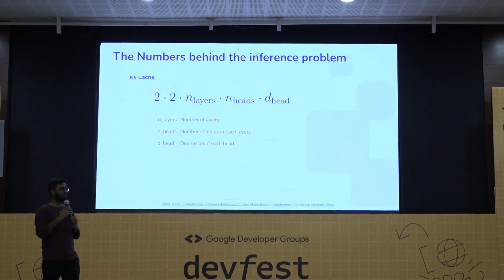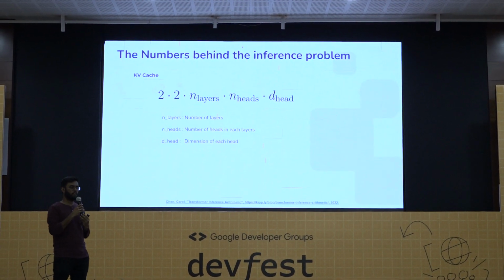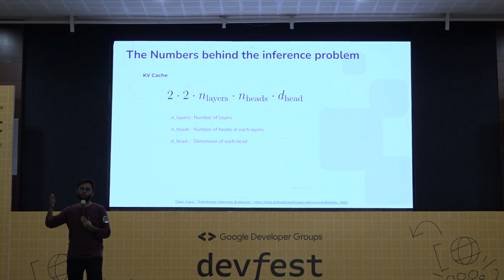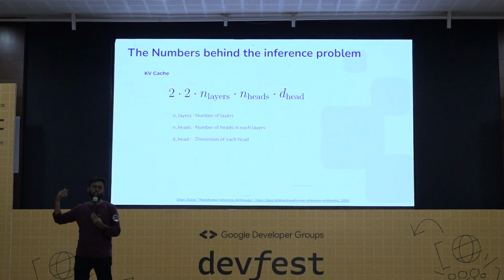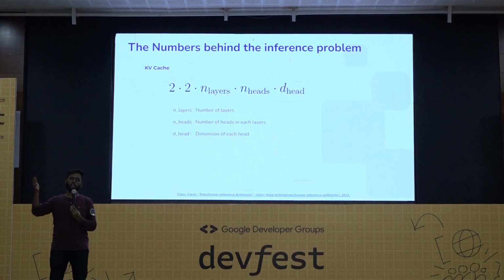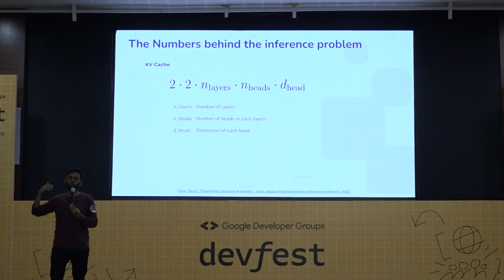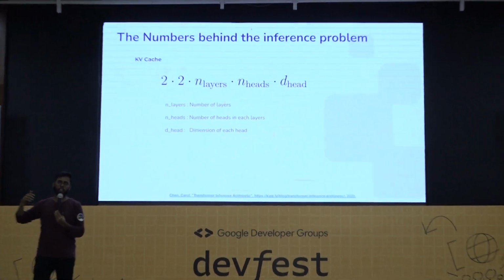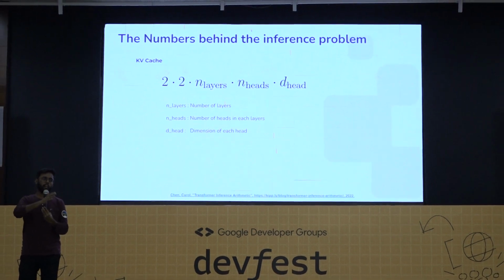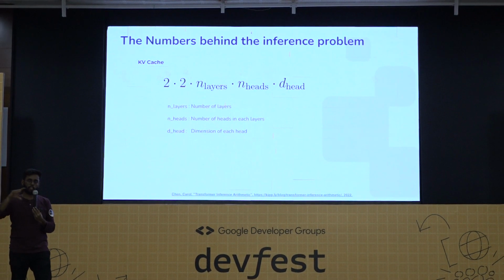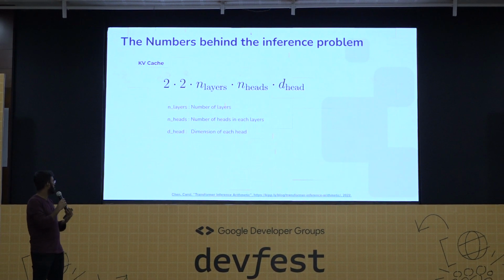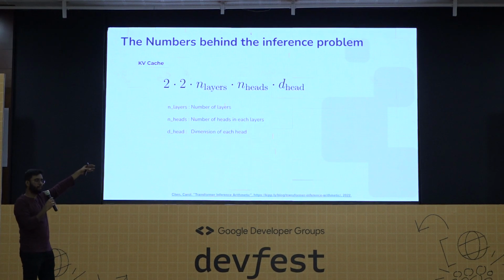In self-attention as implemented in a transformer or a large language model, usually they are repeated across the number of layers in the transformer architecture, and also repeated across a single layer, which are called heads. So that's why it's n layers times n heads, and then the dimension of the head.